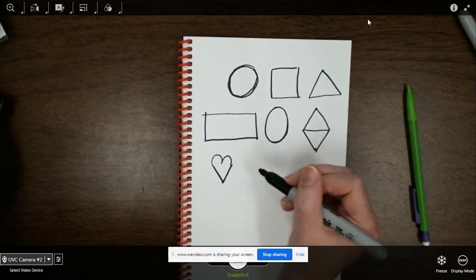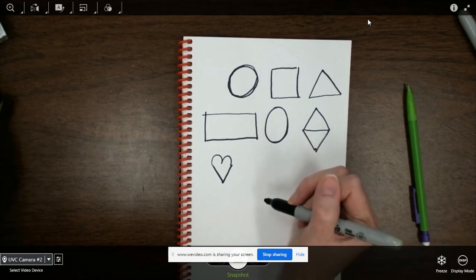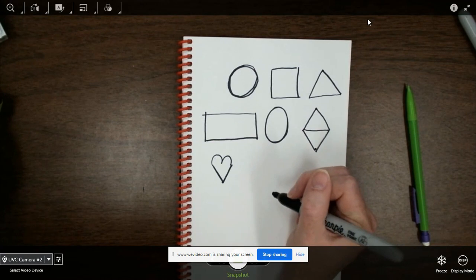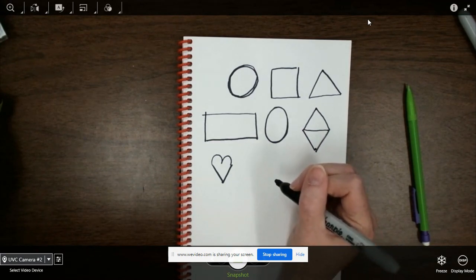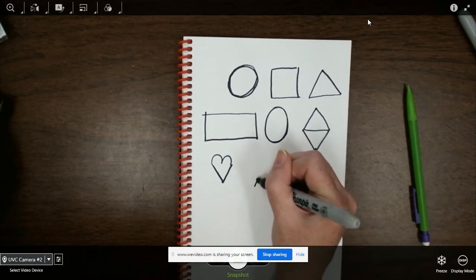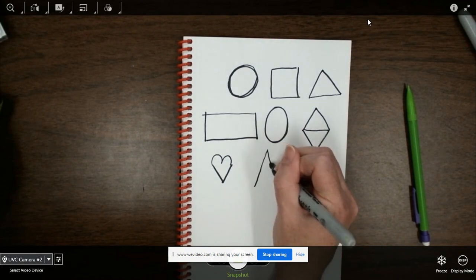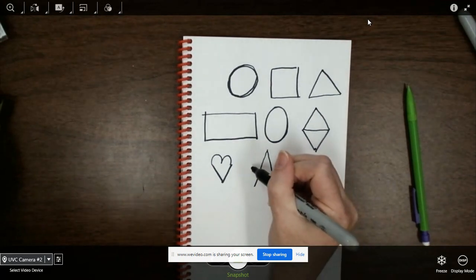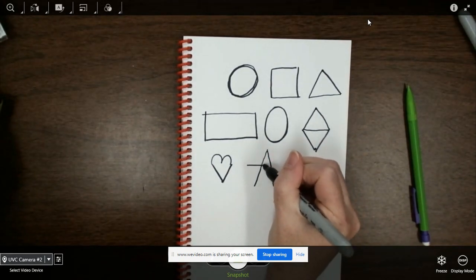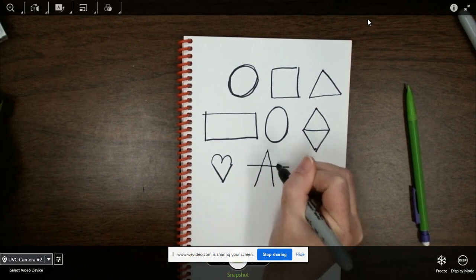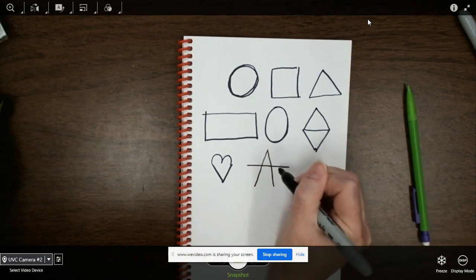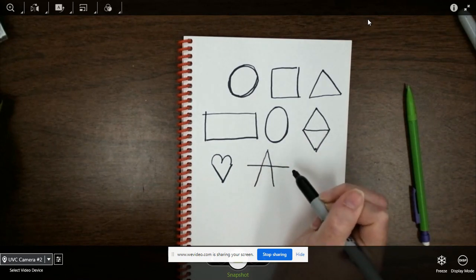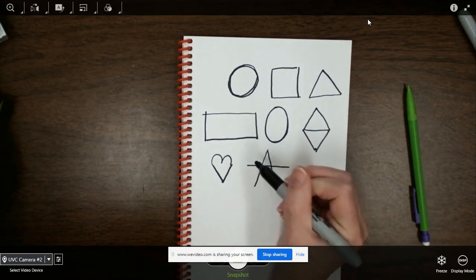You could do triangles going around a circle, or I like to draw stars with a letter A, almost starting like a triangle. And then I'm going to give this A some really long arms. Now I'm going to cross the arms.